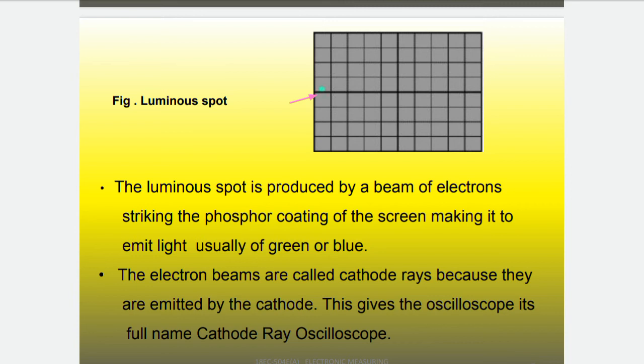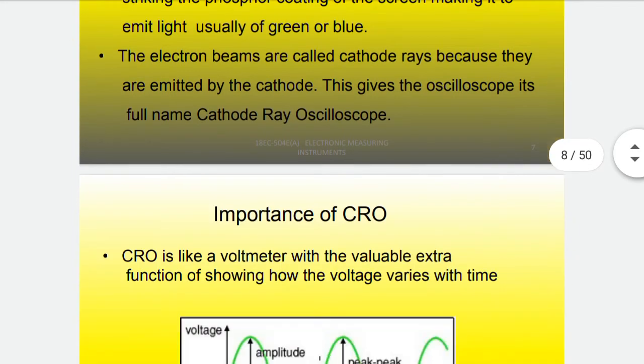The luminous spot is produced by a beam of electrons striking the phosphor coating of the screen, making it emit light, usually green or blue. The electron beams are called cathode rays because they are emitted by the cathode. This gives the oscilloscope its full name, cathode ray oscilloscope.